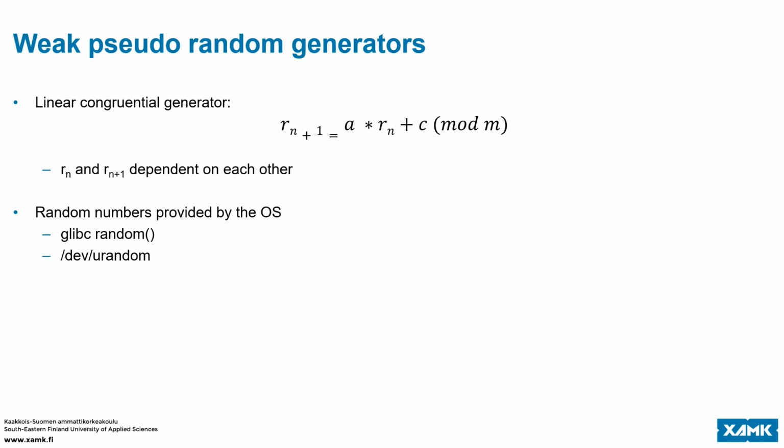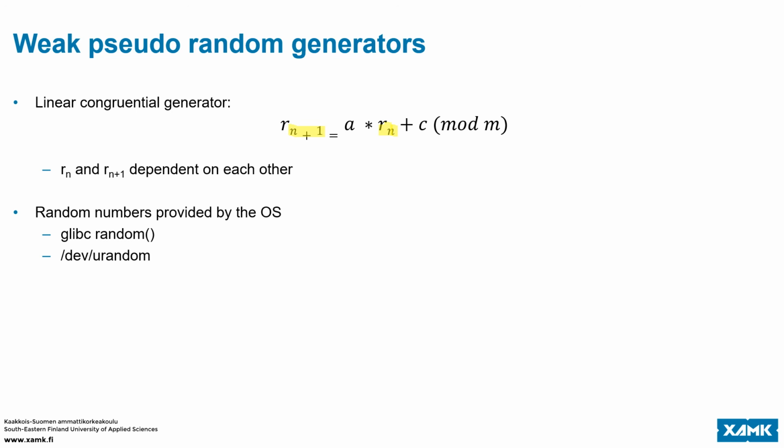If we look at this formula, we can pretty quickly see that n+1 and n are quite closely related to each other. So Rn and Rn+1 are dependent on each other, and this is not in accordance with our requirement for the random number generator to be unpredictable.